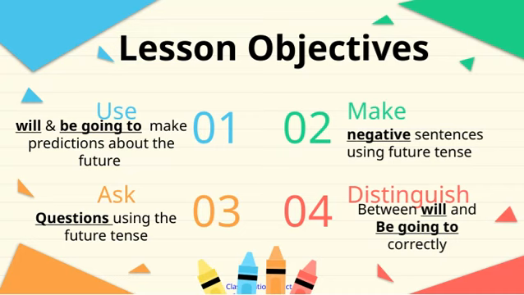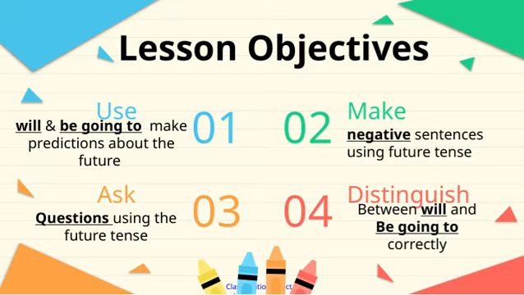All right, let's dive into slide 2. Here, we're going to explore the differences between will and be going to when talking about the future. It's important to understand when to use each one correctly, so we'll clarify that. Next, we'll look at how to ask questions using the future tense, which is key for engaging conversations about upcoming plans or predictions.